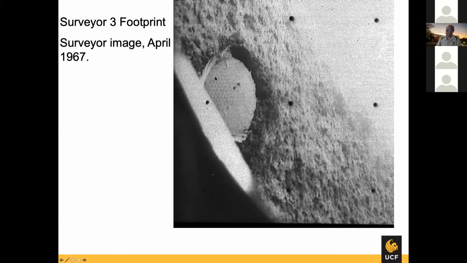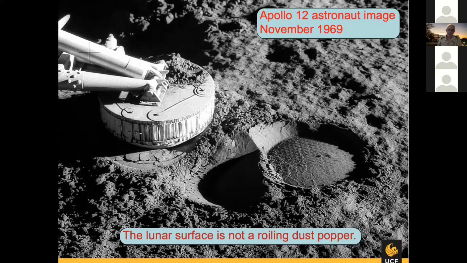And when it bounced, you could see the mark left in the lunar dust by the foot of the Surveyor spacecraft, which had a kind of textured pattern on the bottom. And Surveyor 3 is important because the Apollo 12 mission then had as one of its objectives to try to land near Surveyor 3.